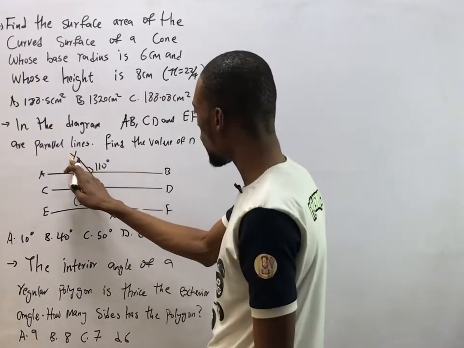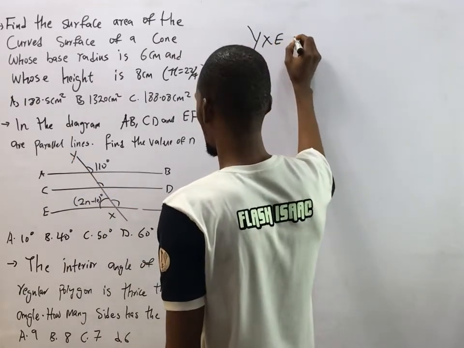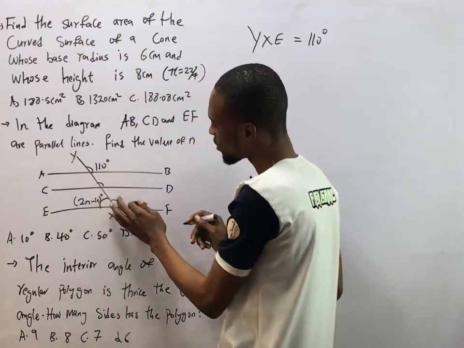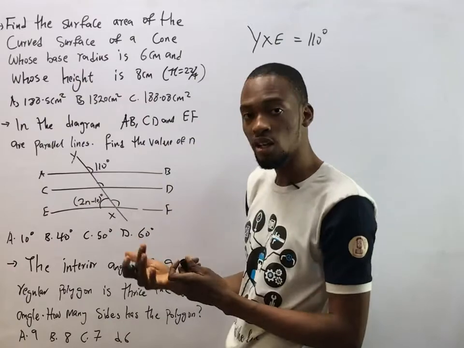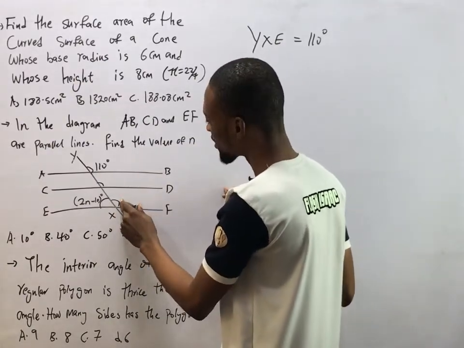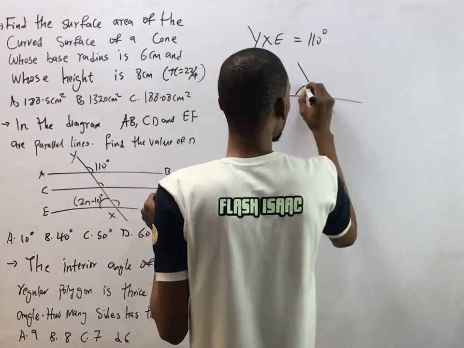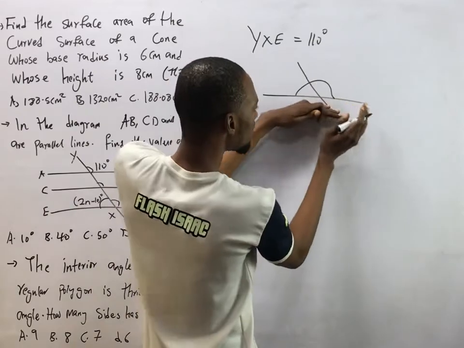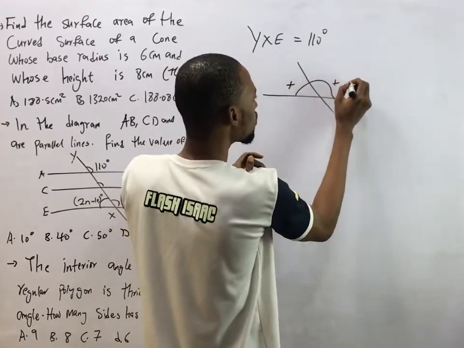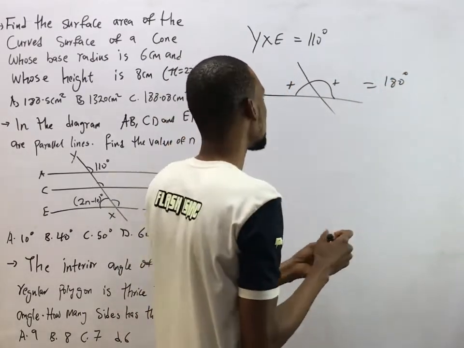So angle YSE is the same thing as 110 degrees, because here is equal to here is equal to here. That's corresponding angle. Now if here is 110 degrees, remember that everything here is angle on a straight line. So this plus this should be equal to 180 degrees, because angle on a straight line is 180 degrees.